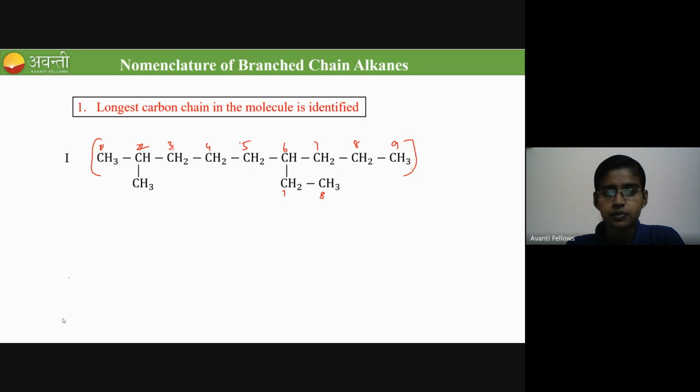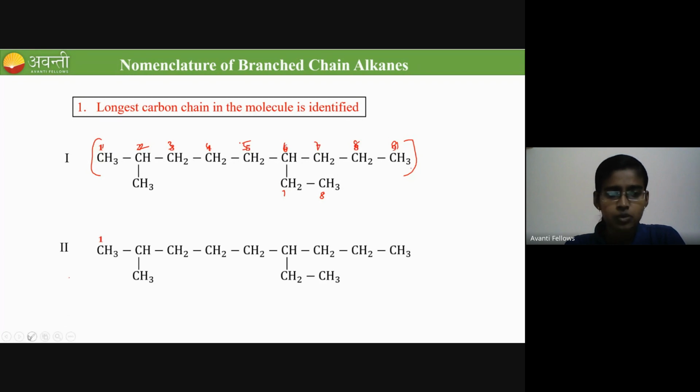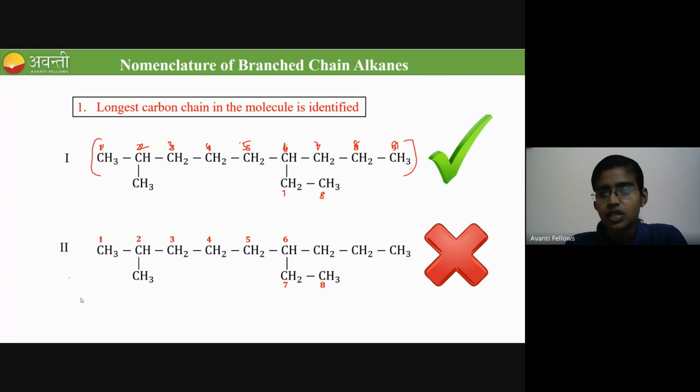Yes. Okay. So you can see the 9 carbon containing system on the screen, and the second one. The second system you see, this type of numbering is wrong. Only the first numbering is correct, as I have told you. This type of numbering is wrong because it contains a smaller number of carbons, which is 8.